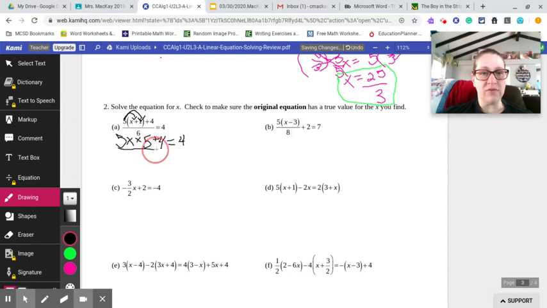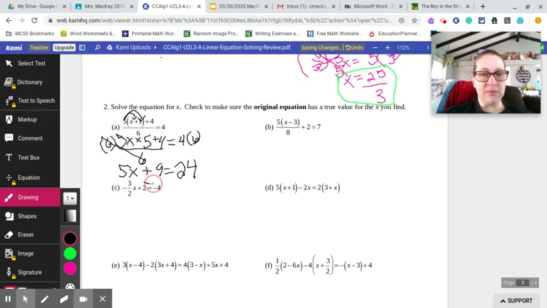And that's still all over 6. First thing I want to do is get rid of this fraction, so I'm going to multiply both sides by 6. That cancels this out, leaves me with 5x, and then I can add the 5 and the 4, which is 9. And it equals 24.